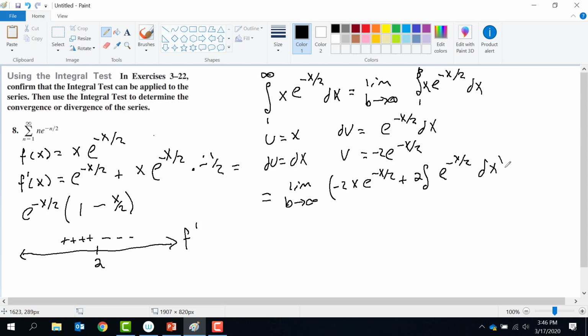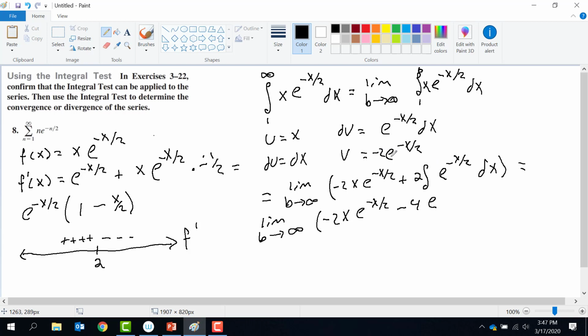Which is then again the limit as b goes off to infinity of negative 2x e to the negative x over 2 minus 4 e to the negative x over 2, because we're going to find the antiderivative of this, and we've already done that.